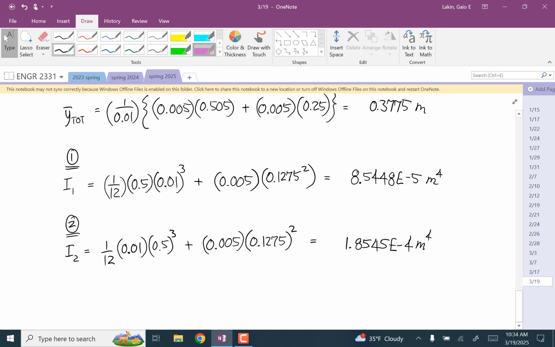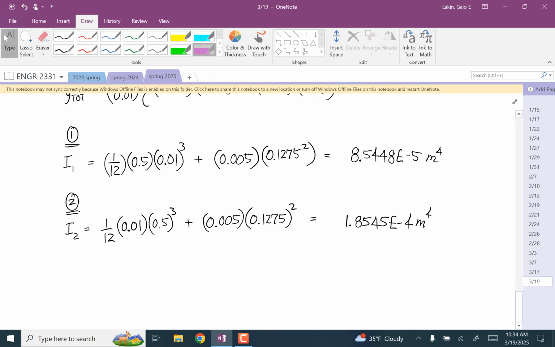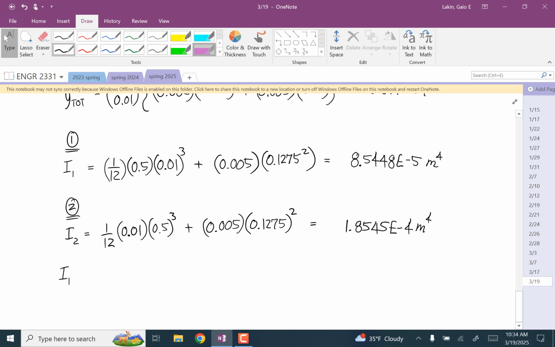Now that we have both of these calculated about the same neutral axis of the whole shape, now I total is just the sum of these two. Okay.